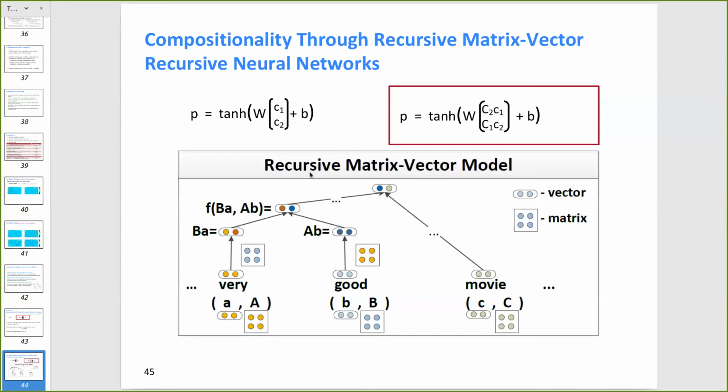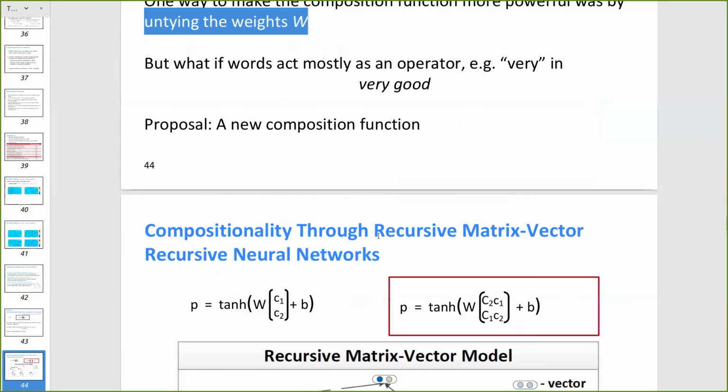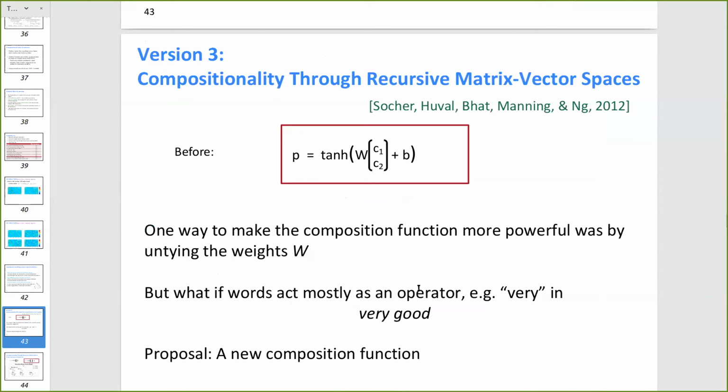The reason they're doing this is that there has to be some sort of differentiation when you're using the word very as an operator. Good is different from very good.